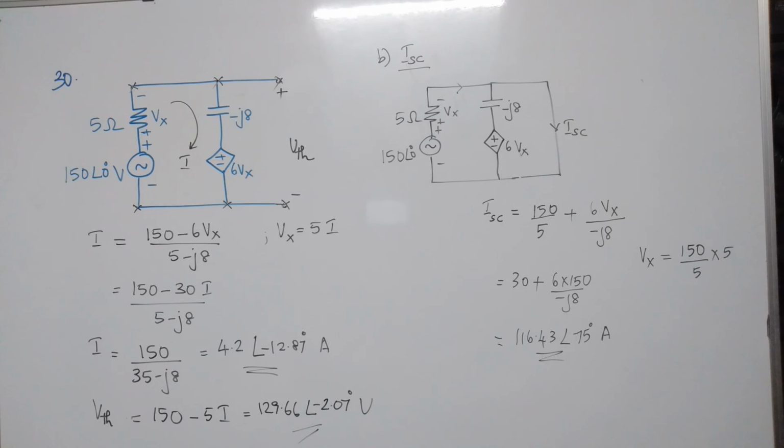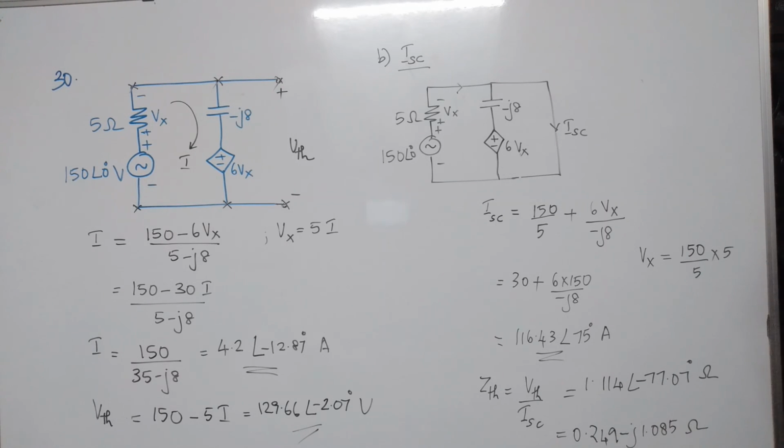So we got VTH as well as ISC. Now we can find out ZTH. ZTH equal to VTH by ISC, that is 1.114 angle minus 77.07 degree ohm, or this is 0.249 minus J1.085. So that is ZTH.